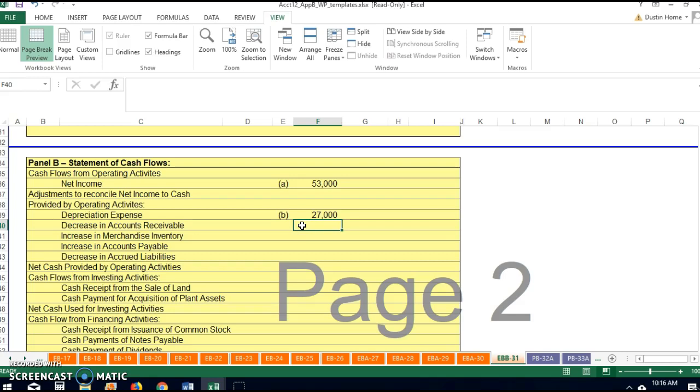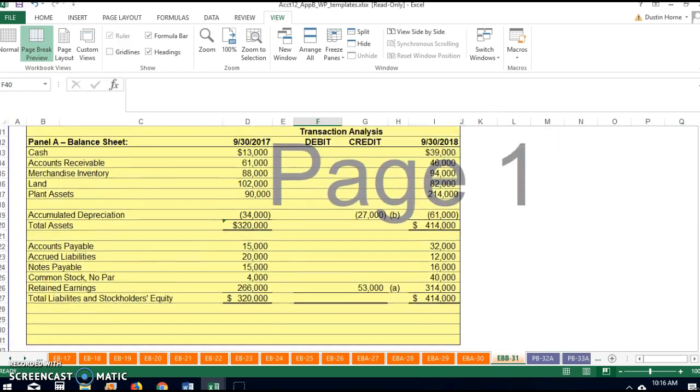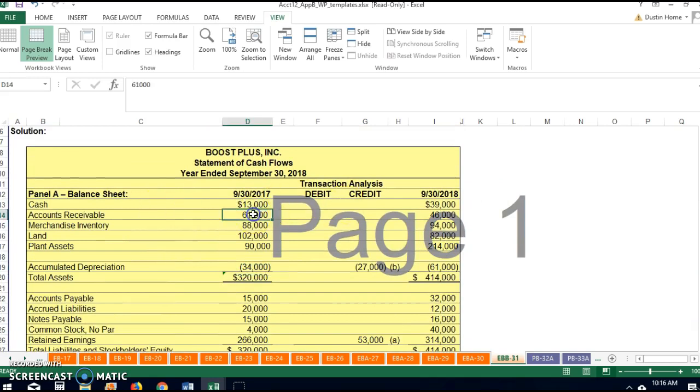Now the next thing we always do is look at our changes in our assets. So we know that accounts receivable went down. How do you make it go down? Do you debit accounts receivable or credit it? Well, it has a normal debit balance, so to decrease it, you need to credit it for $15,000. And we will call this C. Now, what does a decrease in accounts receivable mean as far as cash?